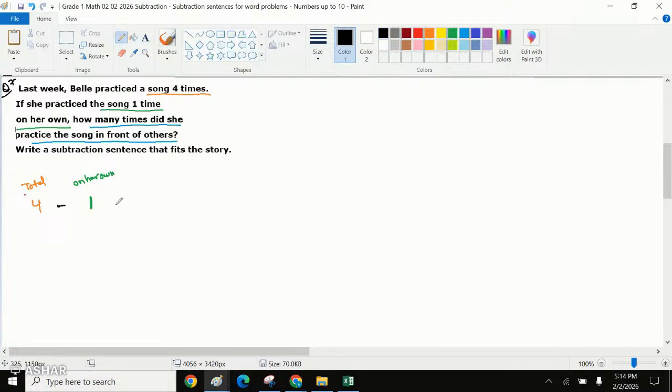So how many times would she have practiced in front of others? There were a total of 4 times she practiced a song. 1 time she did on her own. The remaining time she did in front of others. So 4 total minus 1, that would be 3. And the subtraction sentence is 4 minus 1 equals 3.